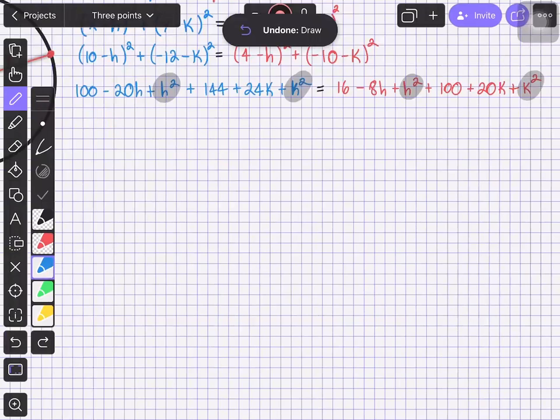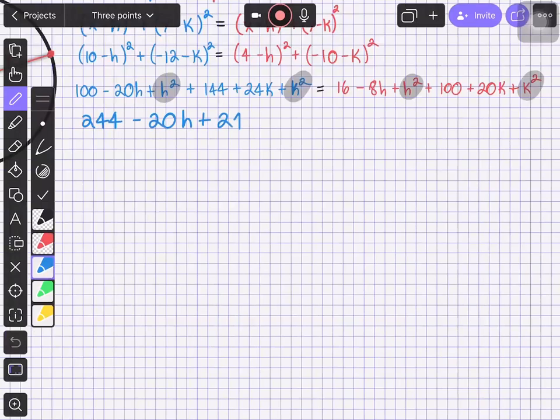Let's save some steps. 244 minus 20h plus 24k. And we could do the same over here. 16 and 100, it's 116 minus 8h plus 20k.